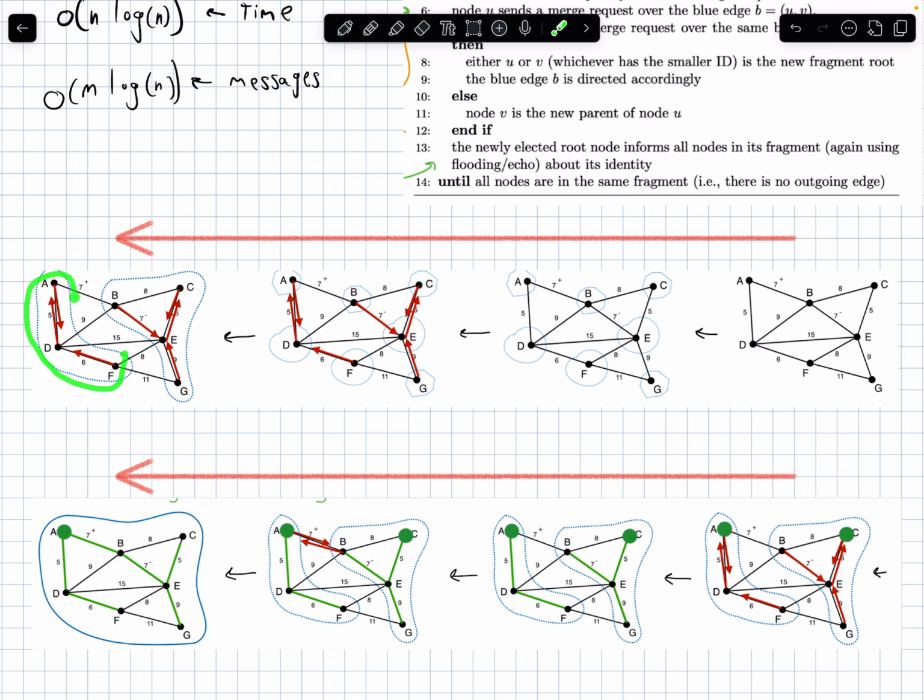Anyway, we have two trees, and now they decide on the leader. The leader is, for each of them, the one who says connect me to you.